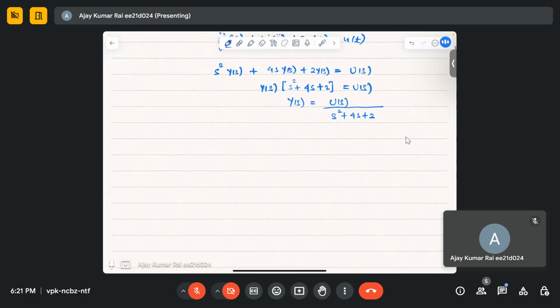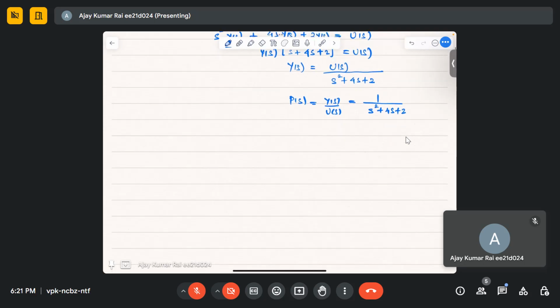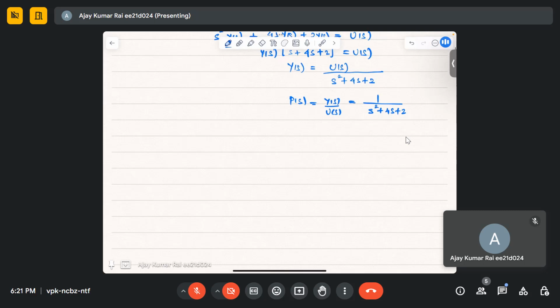So P(s) is Y(s) by U(s), equal to 1 by s square plus 4s plus 2. This is the transfer function for the plant. And how do we find out whether this system is underdamped, overdamped, or critically damped? Just see the characteristic equation.